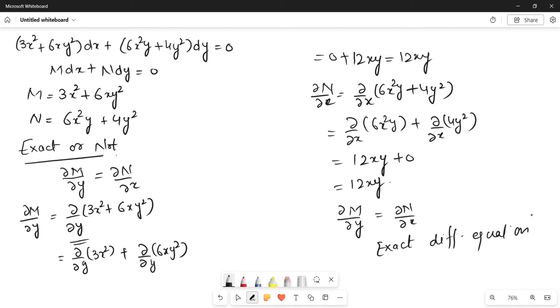Now, since our given equation is an exact differential equation, how can you find a solution? We have already seen the method.